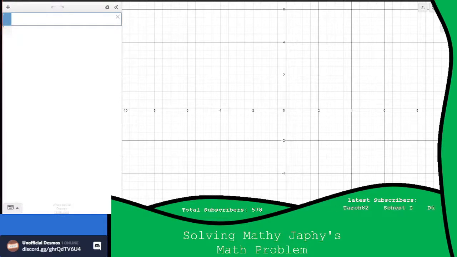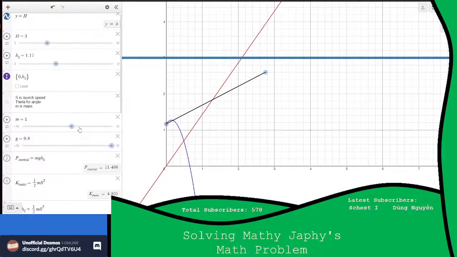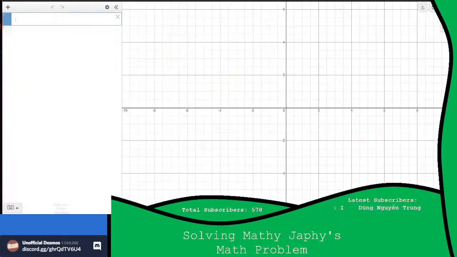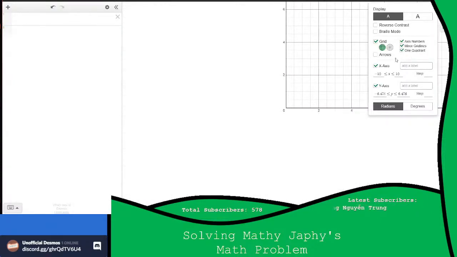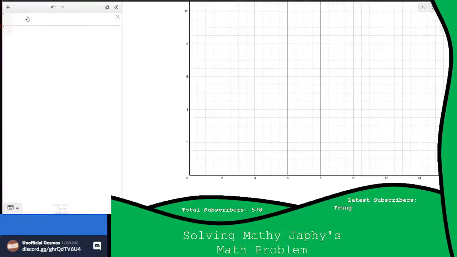Okay, so let's recreate some of this. Since we are in Desmos, we have the luxury of being able to use long names for variables.